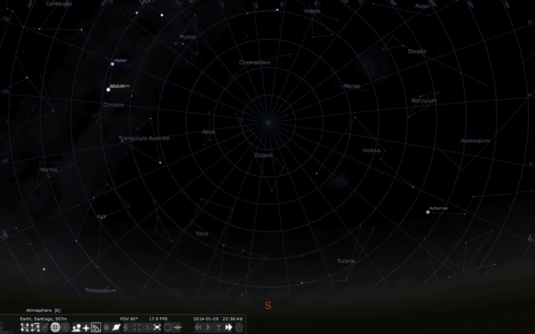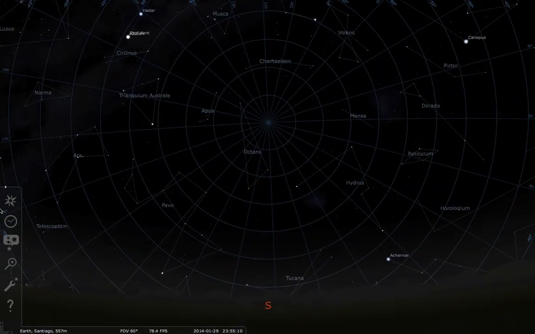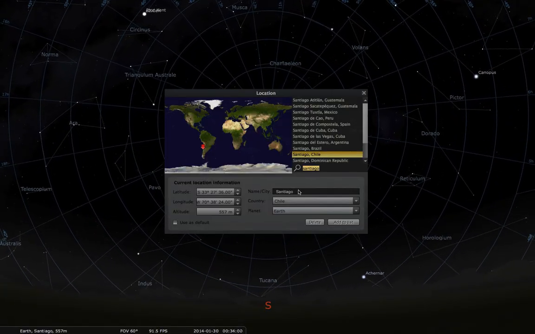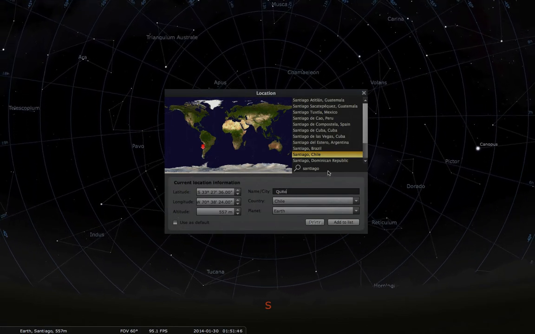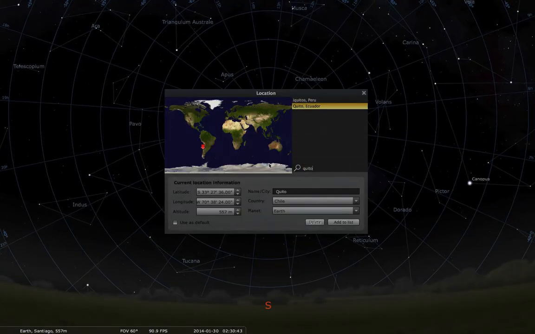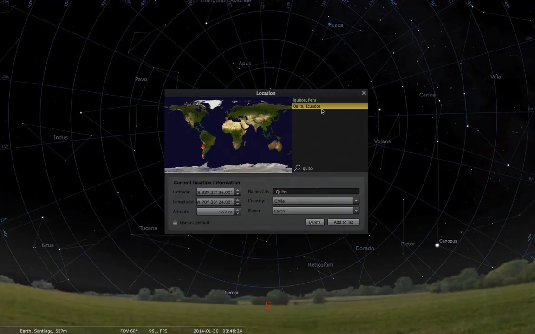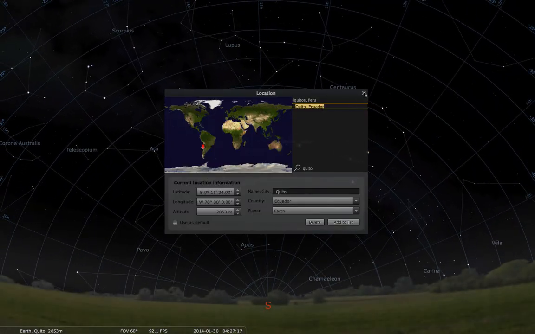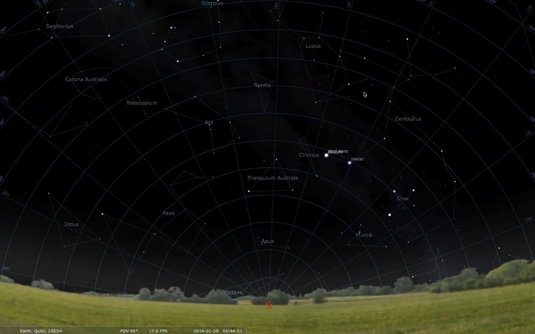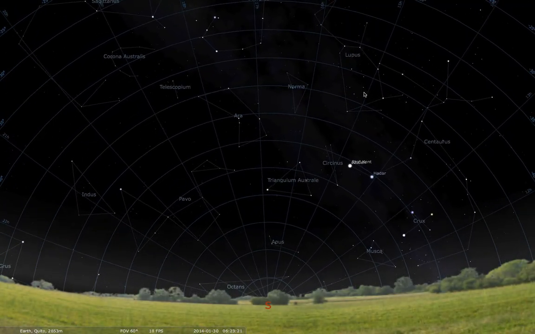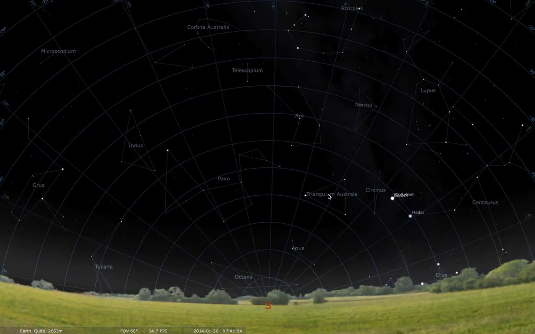If we were to move closer to the equator, say to Quito, Ecuador, which is at just 1.4 degrees south latitude, you can see that the South Celestial Pole would lie just barely above the horizon, and virtually no constellations would be circumpolar.